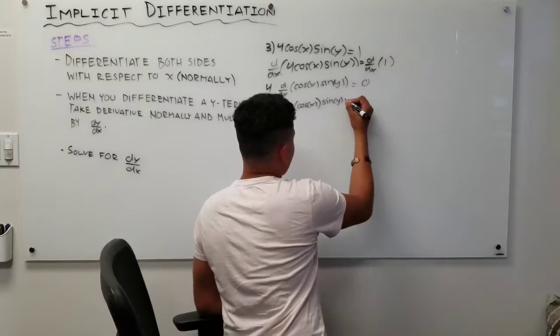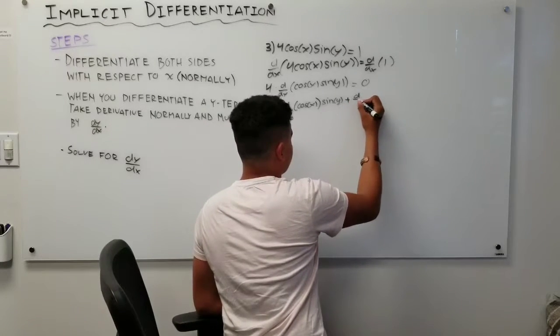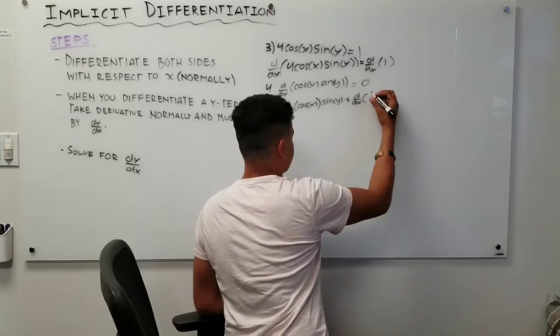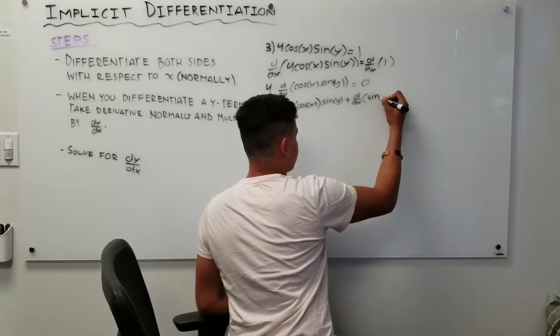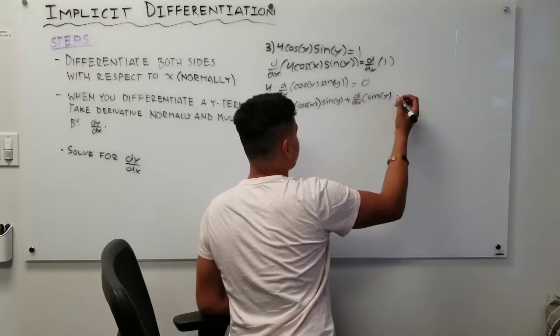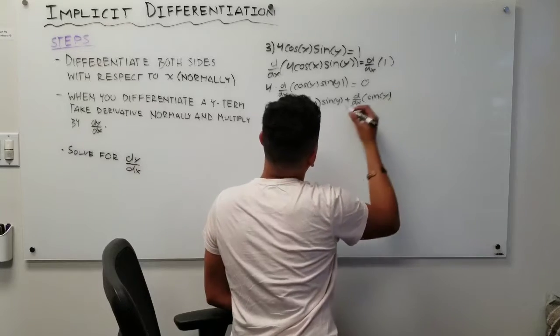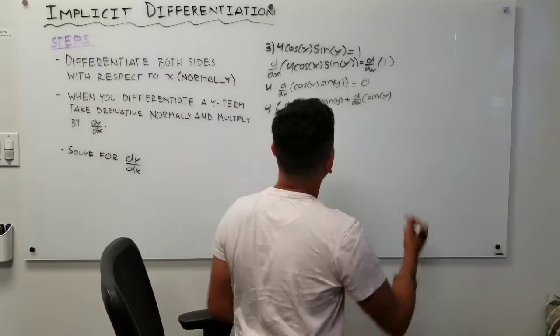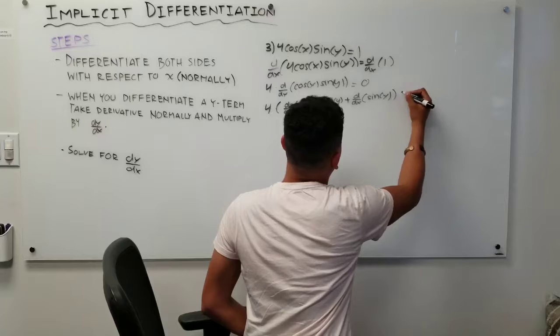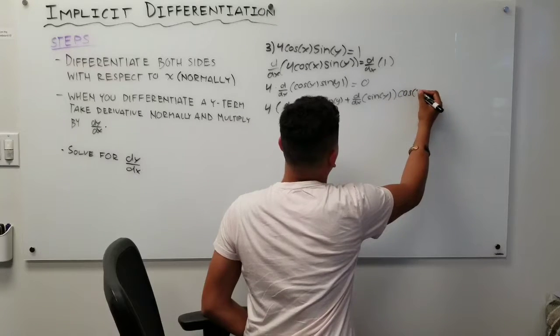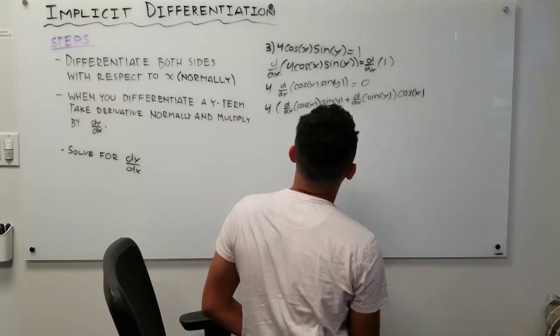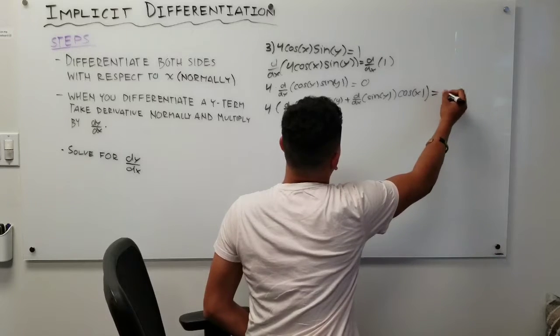Okay, and then you're going to add it to d dx of sine y, the d dx of sine y times cos x. And it's all going to equal 0.